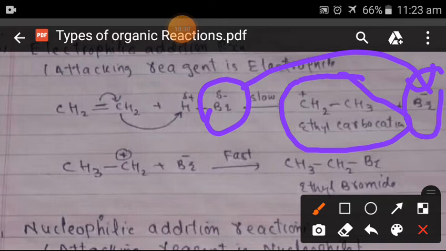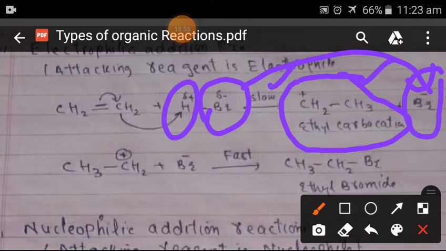Clear? The actual mechanism of the reaction is somewhat different, but you only need to remember here that the attacking reagent is an electrophile. That's why it's called an electrophilic addition reaction across the carbon-carbon double bond. The carbocation is formed in the first step.